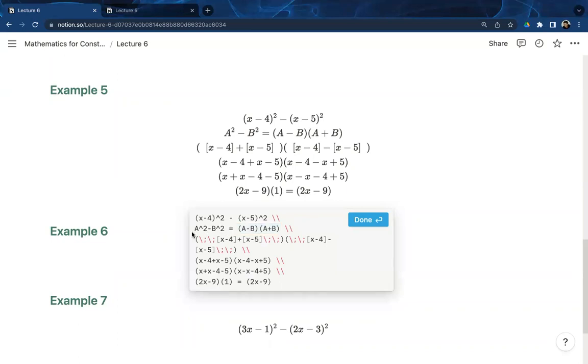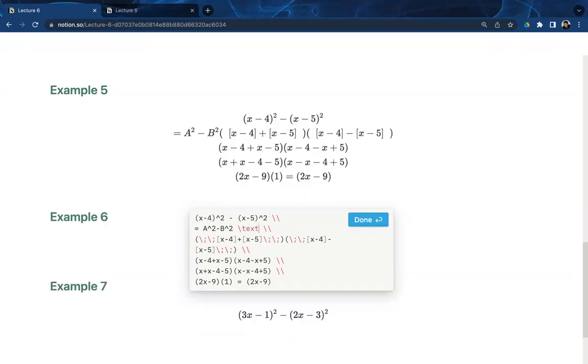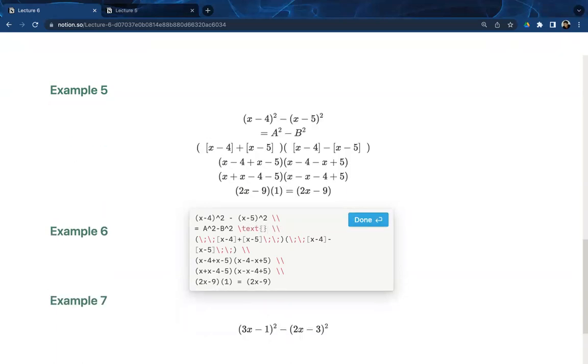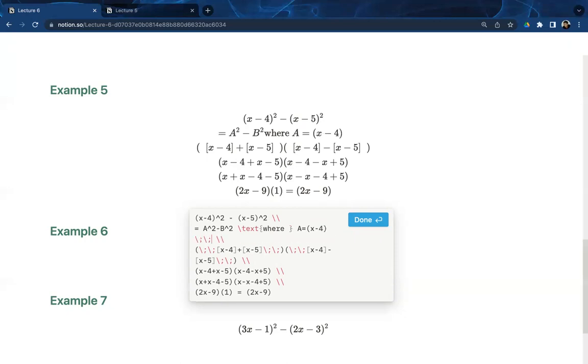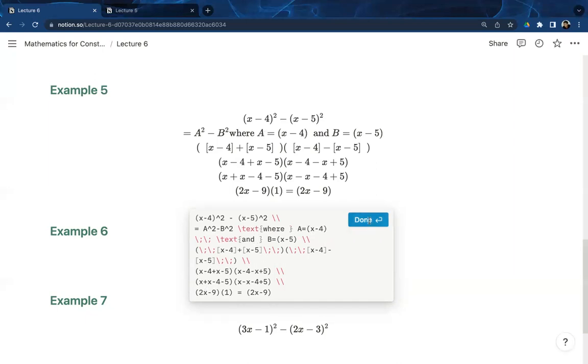I could say this is equal to that, where a equals x minus 4 and b equals x minus 5.